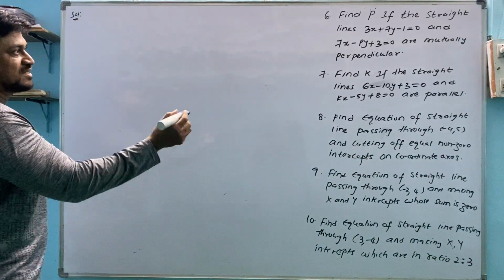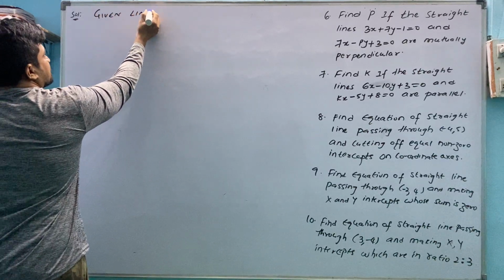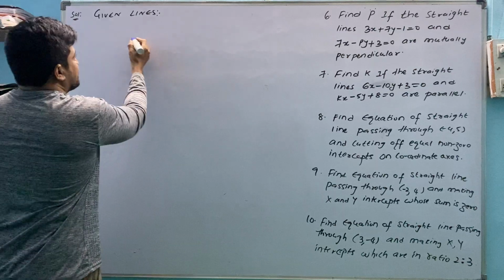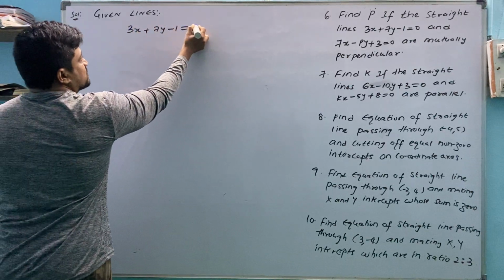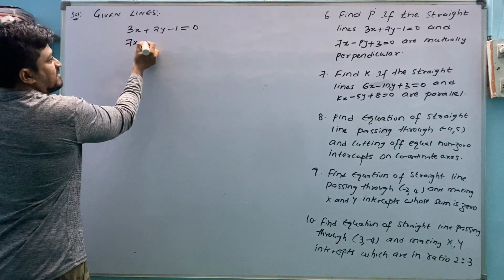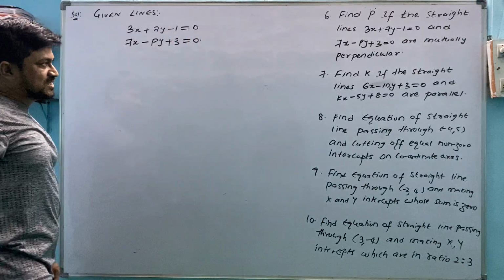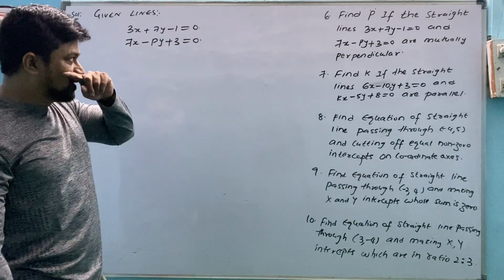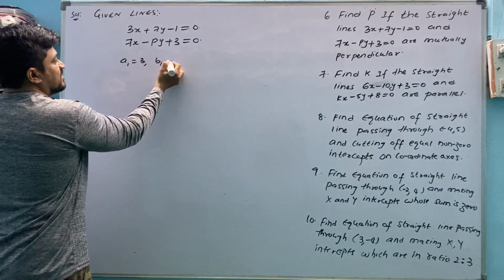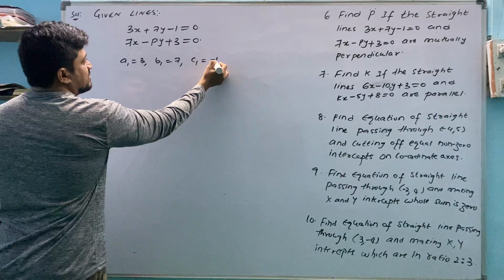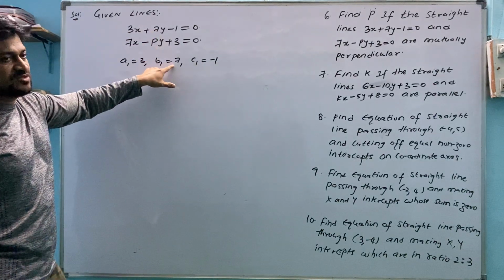If the straight lines are given, we'll write them first. First line 3x plus 7y minus 1 equal to 0. Then second line 7x minus py plus 3 is equal to 0. We have two lines, so we have to write a1, b1 and c1. a1 is the coefficient of x, b1 the coefficient of y, and write the sign also.